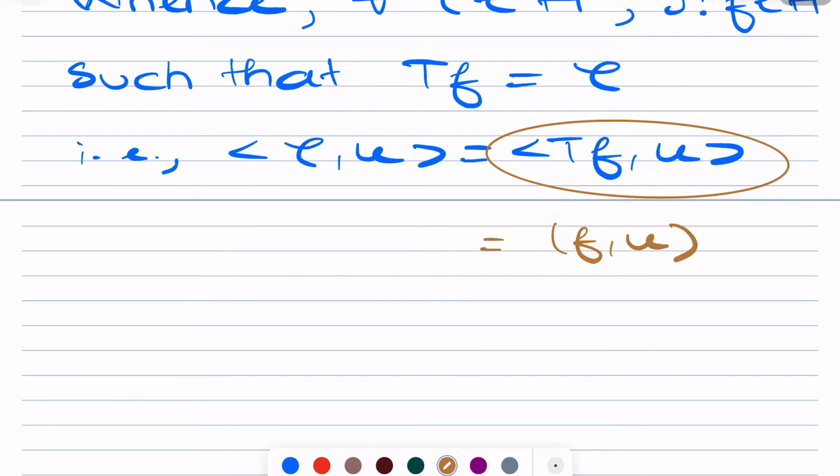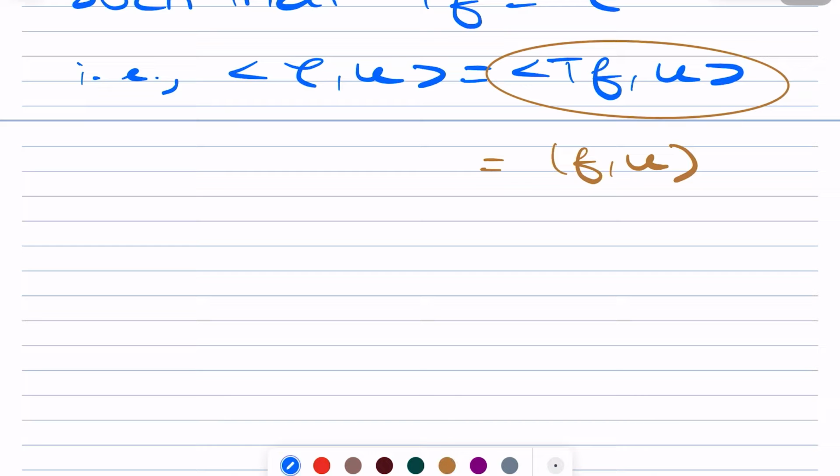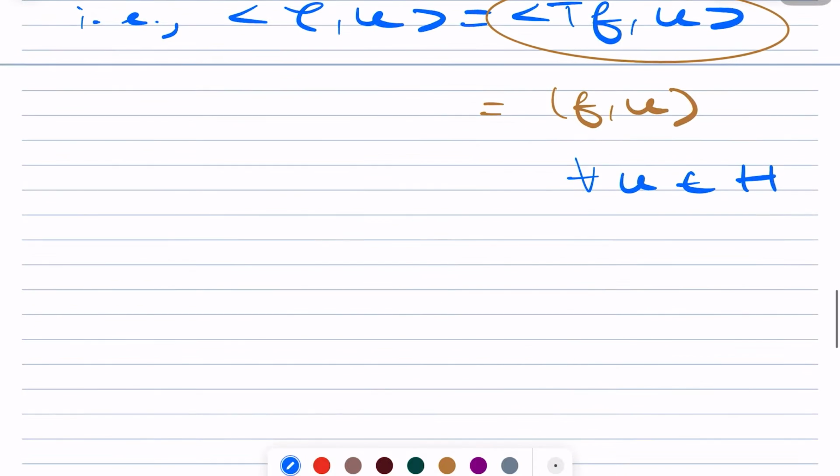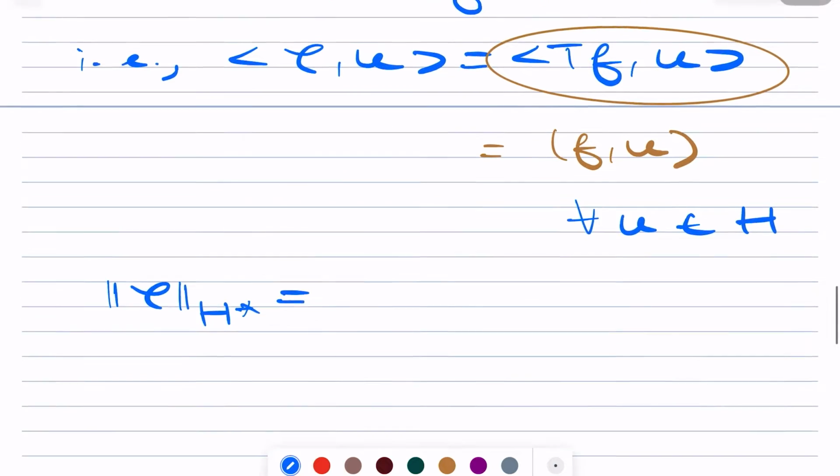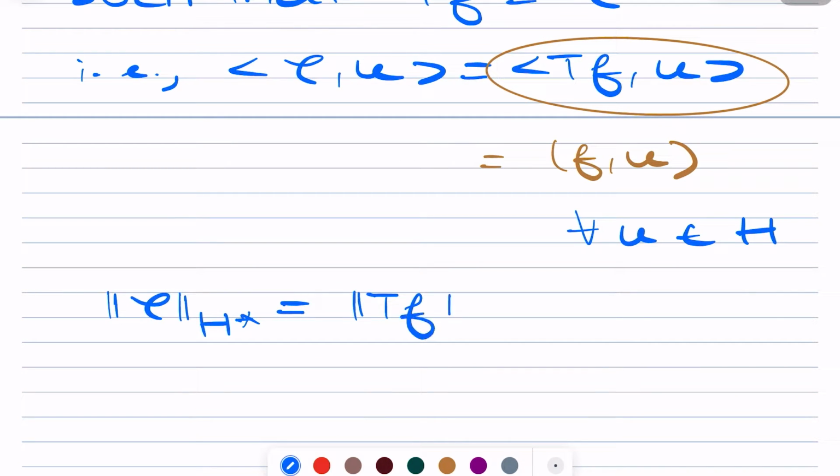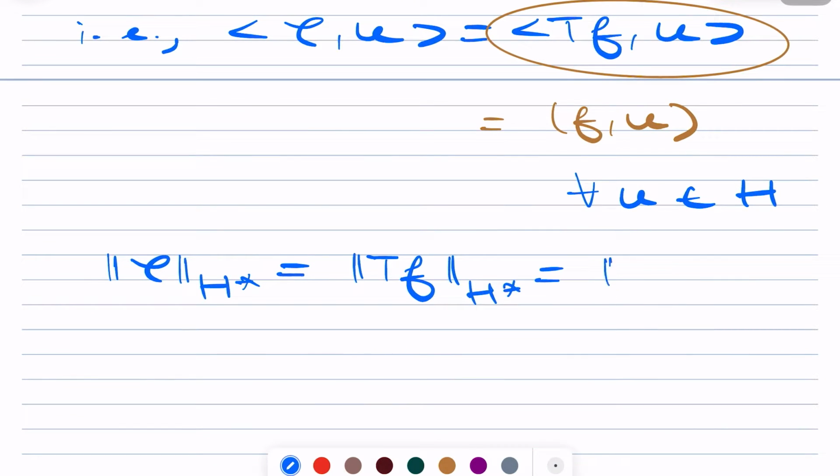Of course, this holds for every u in H. And we also have that the operator norm of phi in H star is equal to the operator norm of Tf in H star, and this is exactly, as we can show, the norm of f in H. So with this we are done.